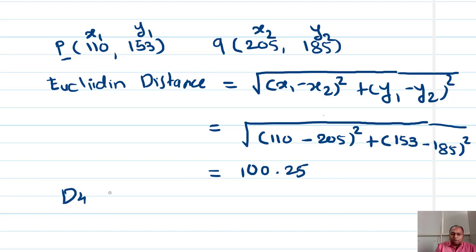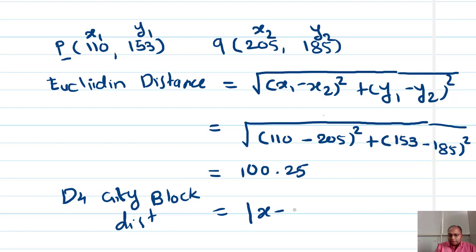Now let us find its d4 distance, that is nothing but the city block distance. What is the formula? Mod of x minus s plus mod of y minus t.